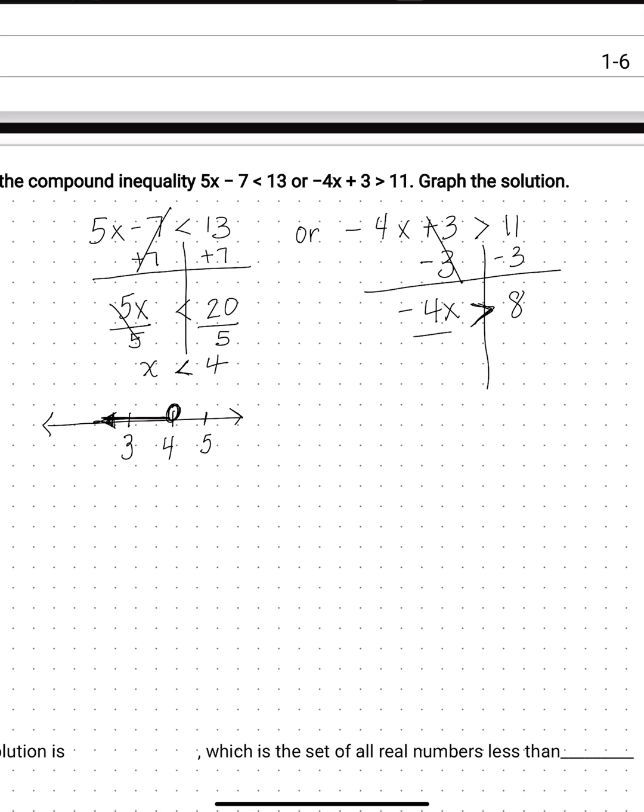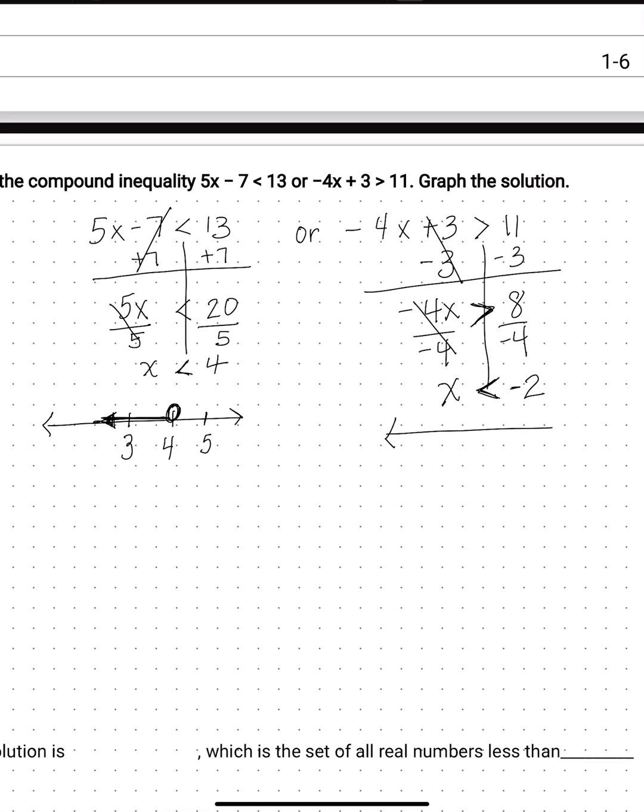And now we have to divide by our coefficient of negative 4 to get the variable x by itself. Because we divide by a negative, we're going to reverse the inequality symbol from greater than to less than. A positive 8 divided by a negative 4 is negative 2. So we have x is less than negative 2.